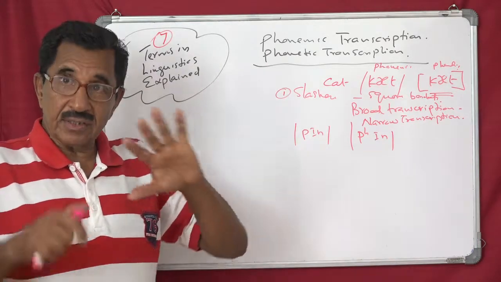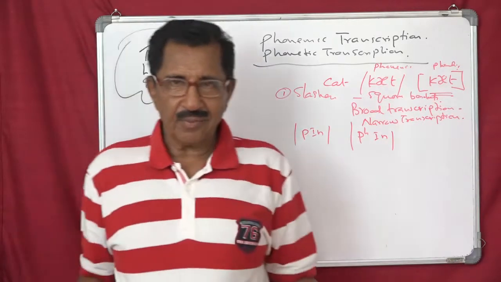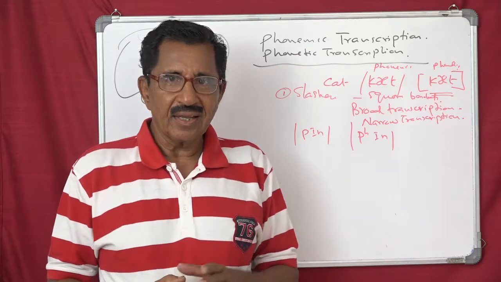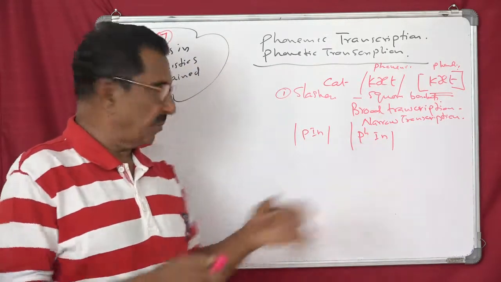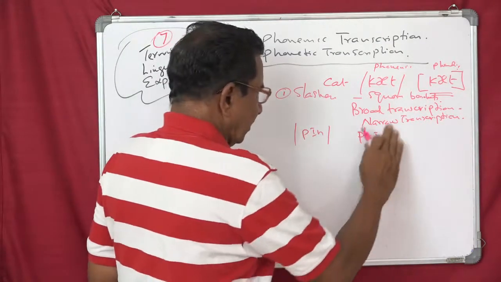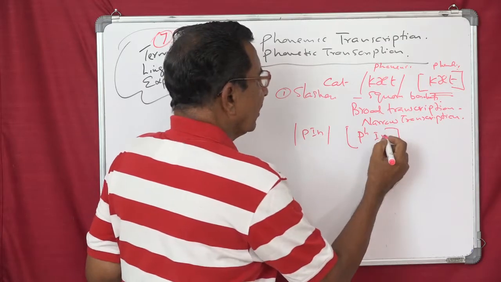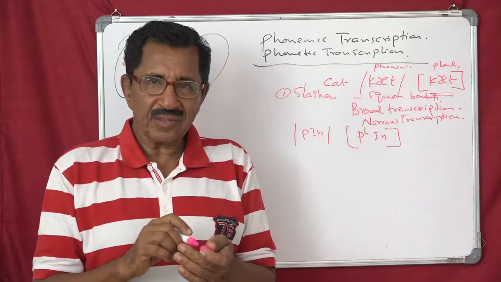But for the general public, suppose you don't know anything about English and want to pronounce this correctly, then you have to see this additional information. So this is within square brackets, because you are giving additional information. That is what narrow transcription means.